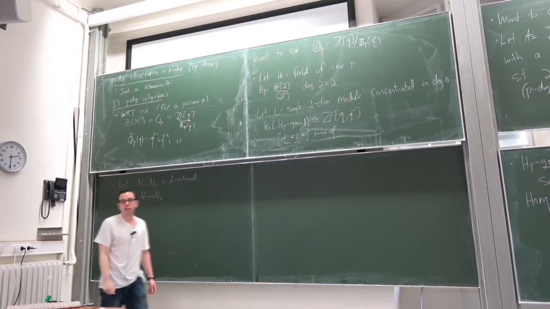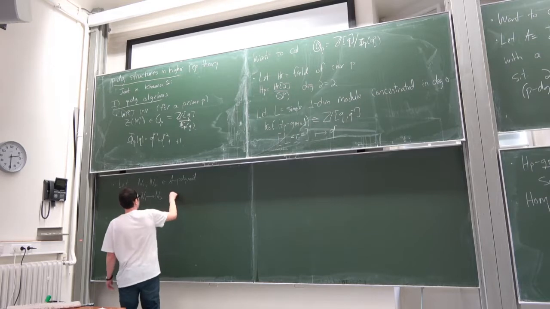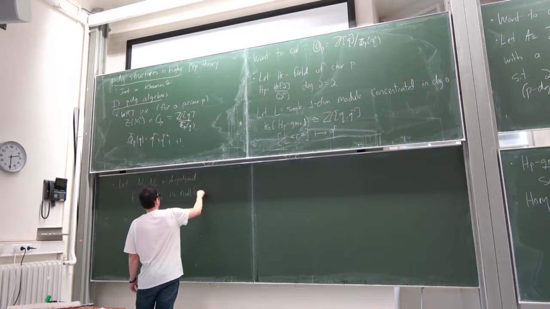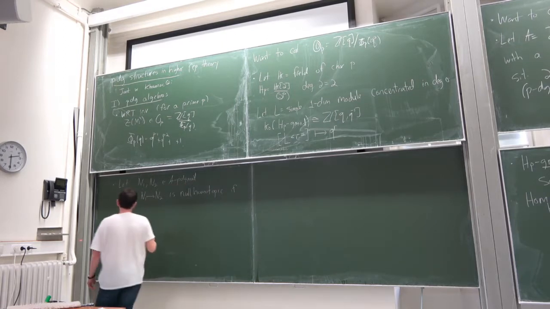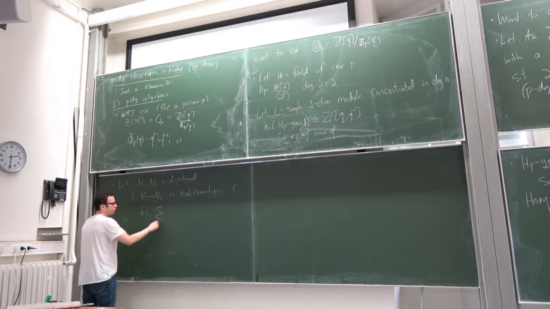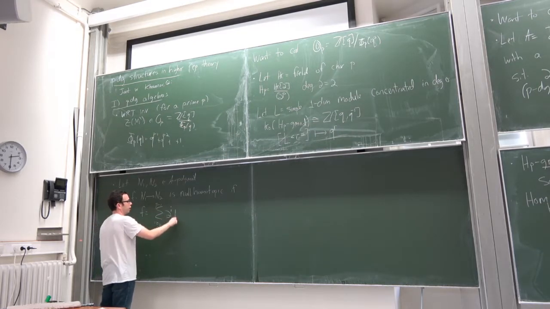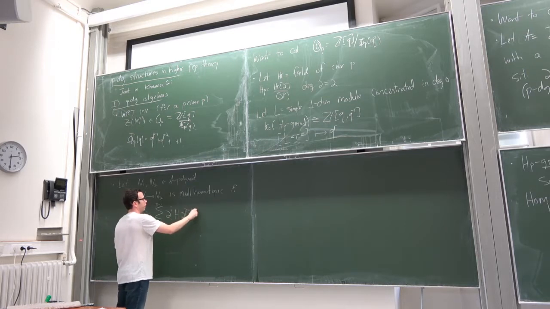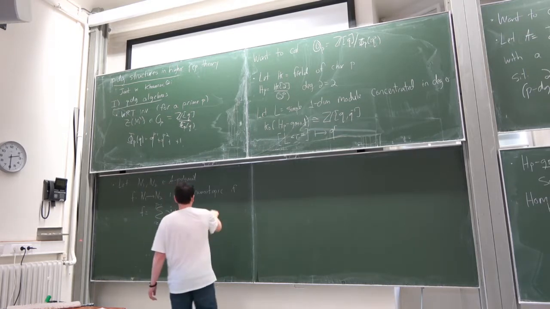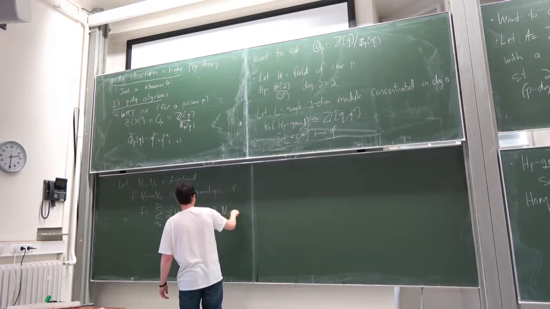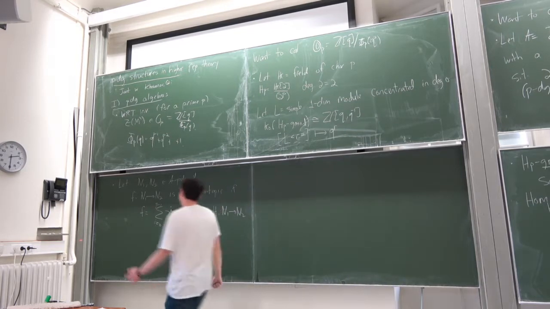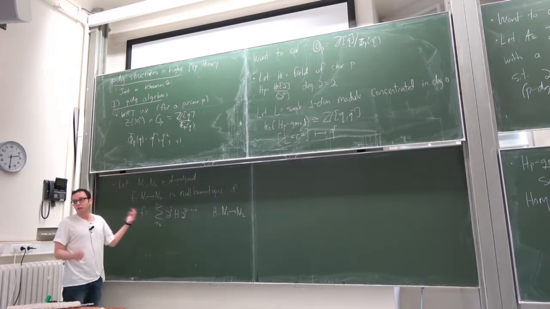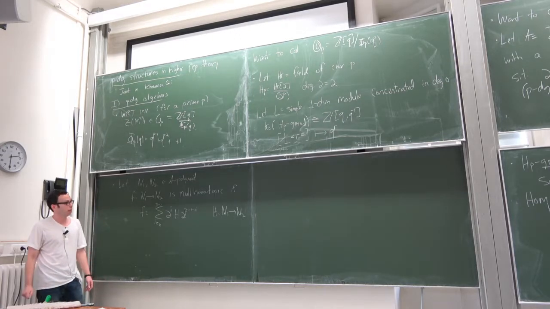So this morphism f is said to be null homotopic if f is equal to the sum, i goes from 0 to p minus 1, d to the i, h, d to the p minus 1 minus i, where h is some map from N1 to N2. And if p is equal to 2, then f is equal to dh plus hd, and so that just recovers the normal notion of a null homotopic map for DG algebras.